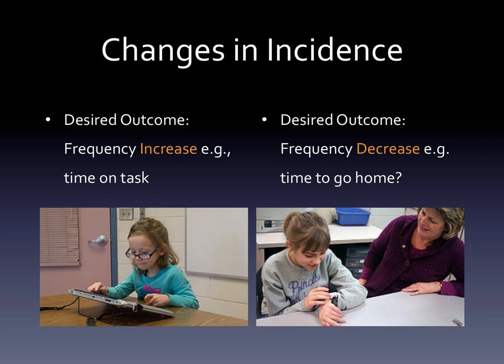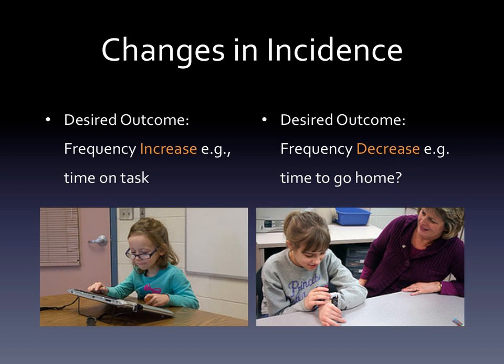Okay, let's take a look now at changes in incidence. So sometimes the stretch for a student in the objective is to increase or decrease the frequency or incidence of a behavior. For example, perhaps we want our student to increase her time on a work-related task from 5 minutes to 10 minutes.